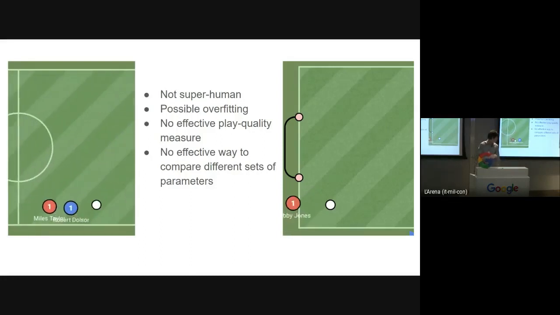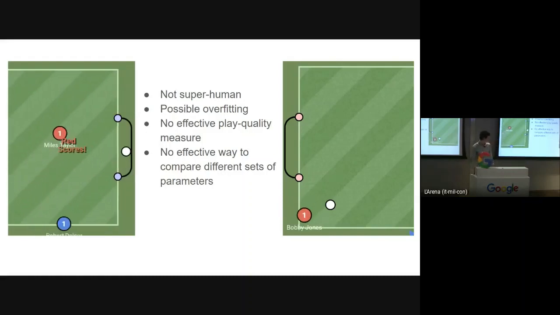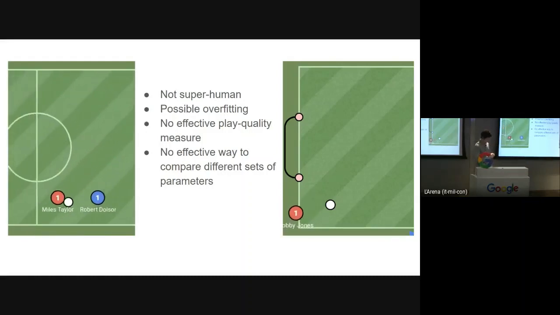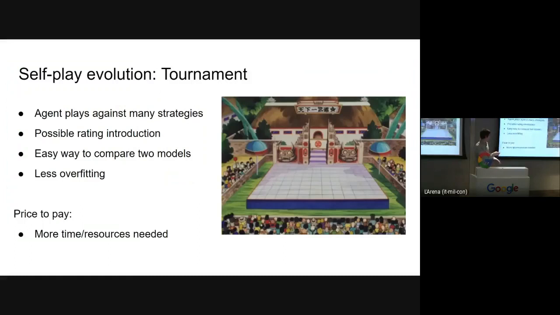And the solution can be, I hope, implementing a tournament, which can work in these cases, because several agents can compete against each other, and you can introduce some kind of ranking as a measure of the skill.